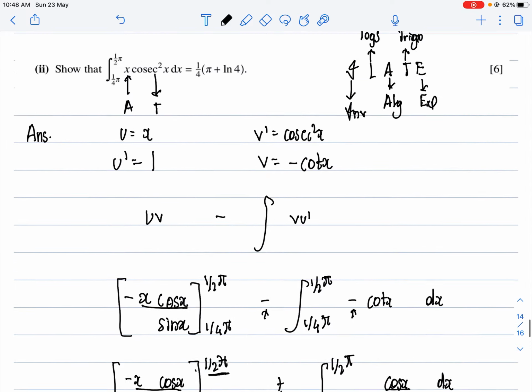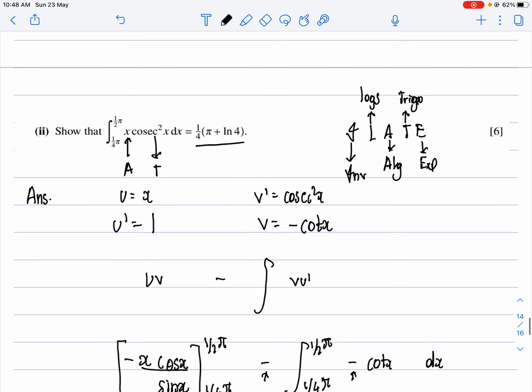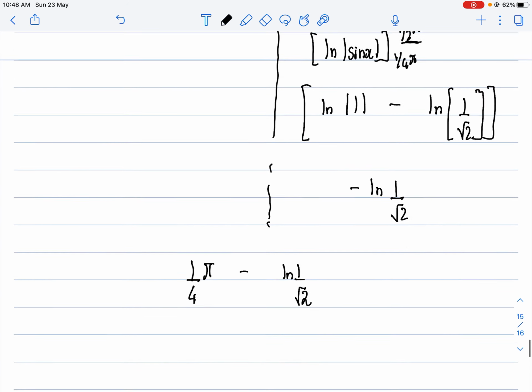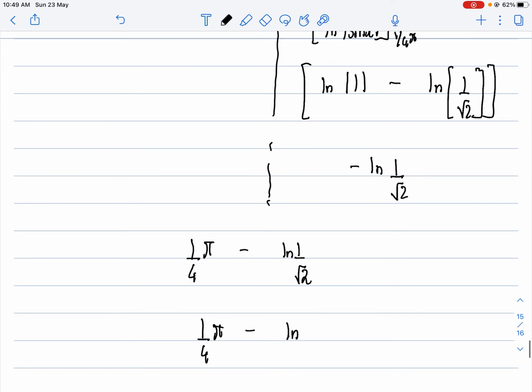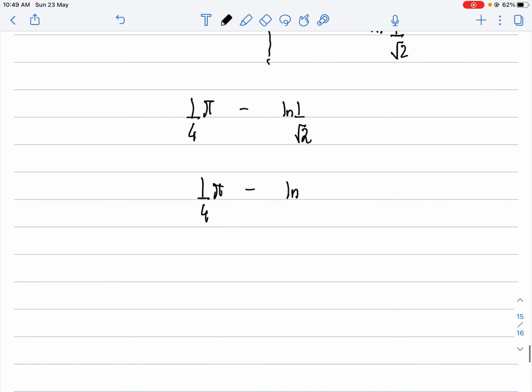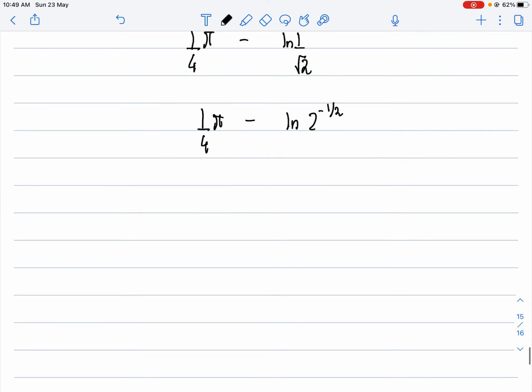Now what do I need to prove? I need to prove this. Correct? So now I can write this as 1 over 4 pi minus ln of, I can write this as 2 raised to minus half. Agreed? Because this is basically 2 raised to half, and when I take 2 raised to half in the numerator, I can write this as 2 raised to minus half.